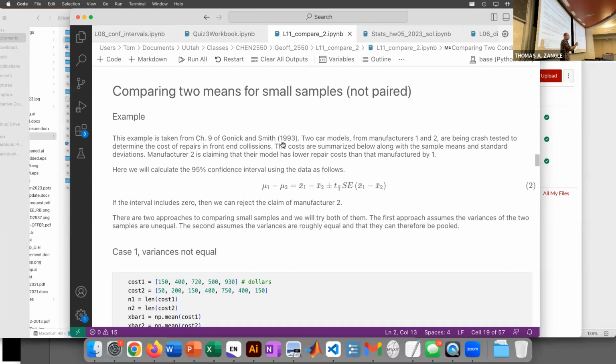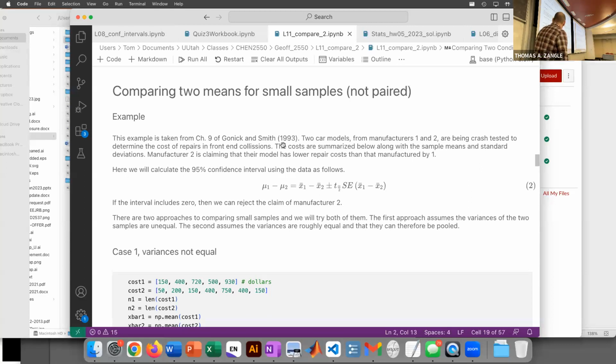Okay. But it's not always the case that we have paired experiments. To bring it back to the cab example, maybe we're trying to compare gas A and gas B, but we cannot run the same drivers and the same cabs on consecutive days, for practical reasons. So let's say we just can't do that.